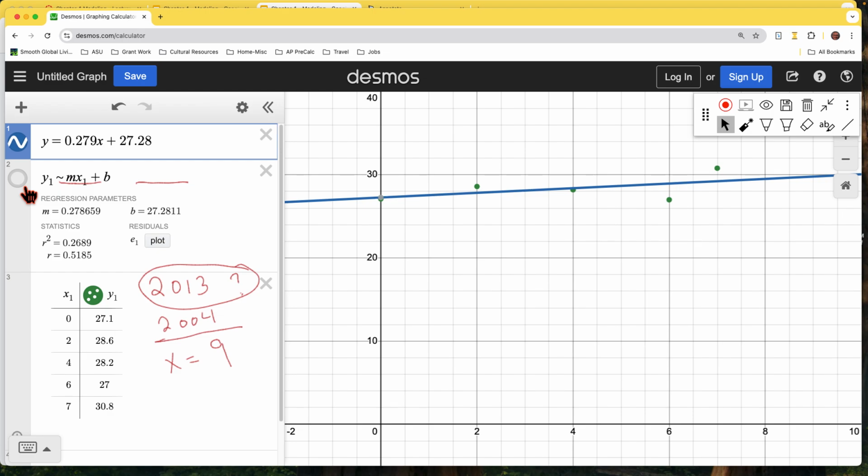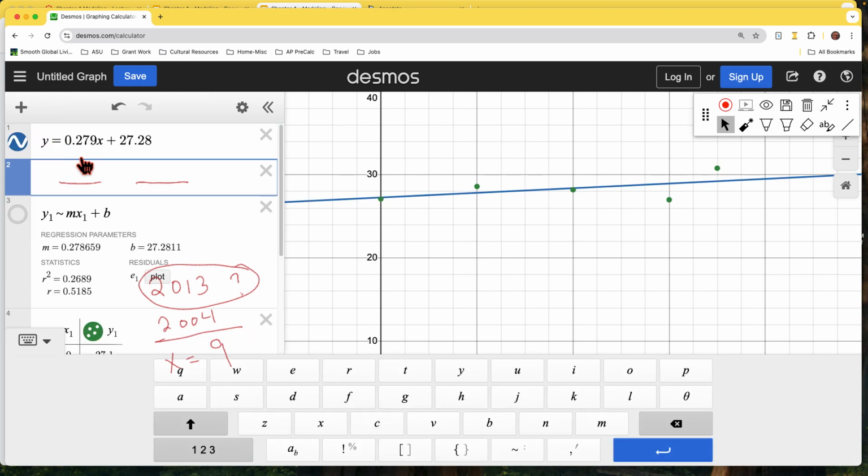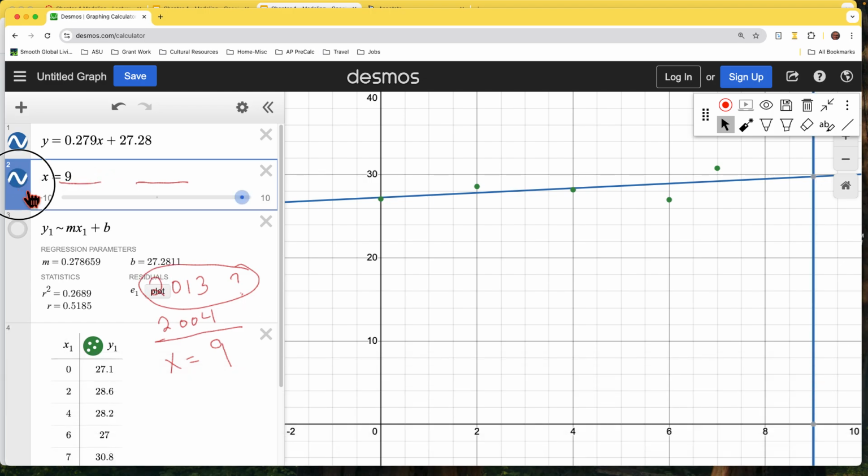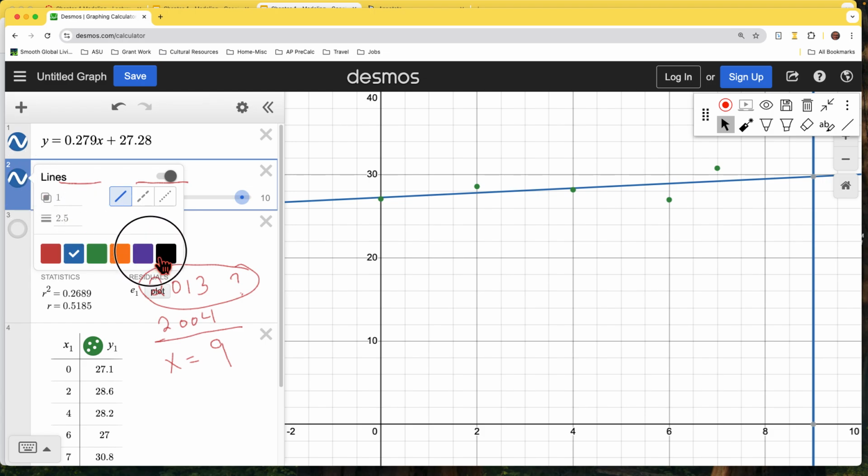Now, this is the cool part. To find out what y is when x is 9, I just do one more thing. I add the expression x equals 9. I'm going to put it in a different color, let's make it orange.